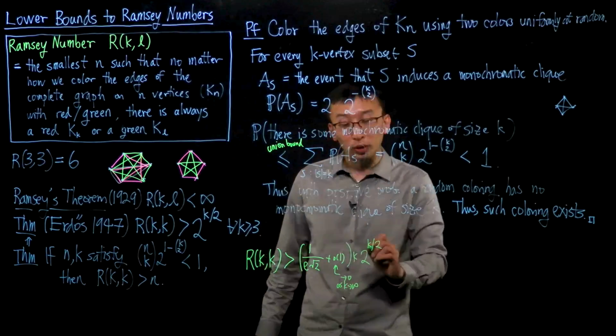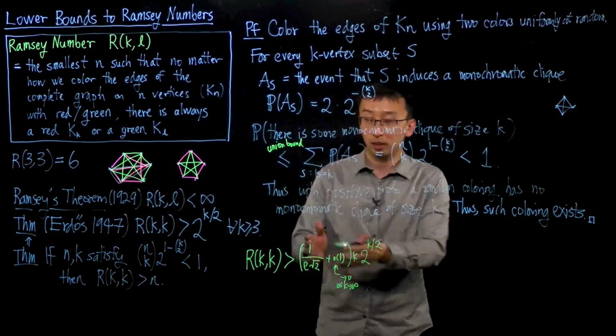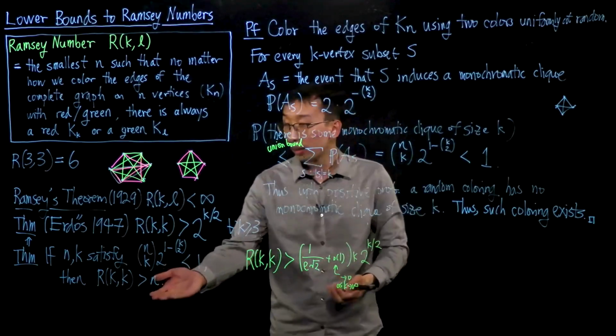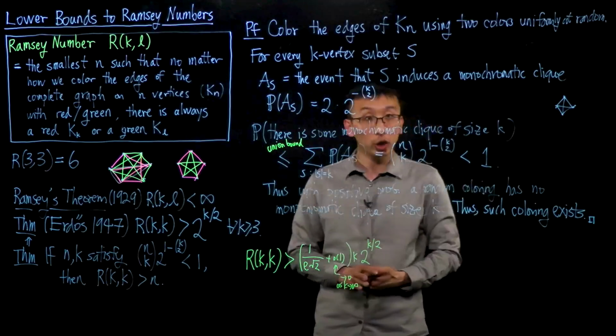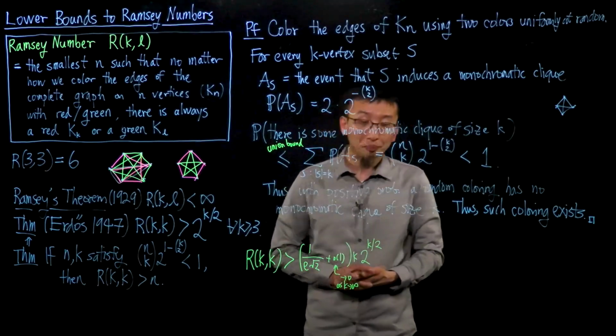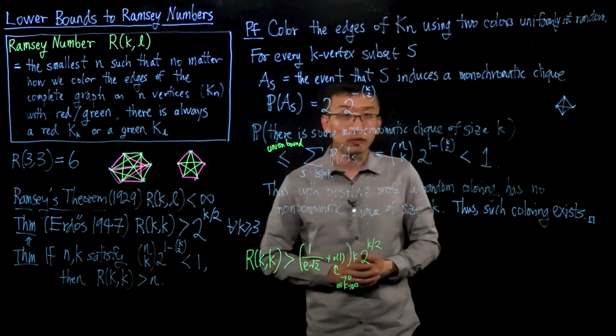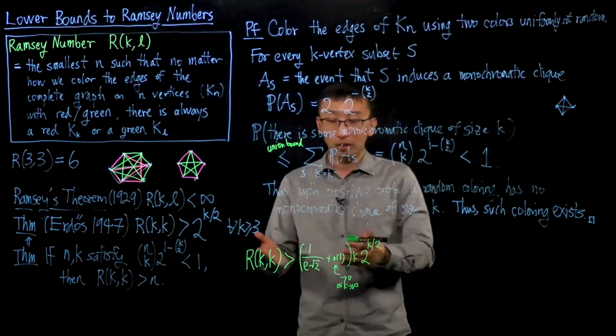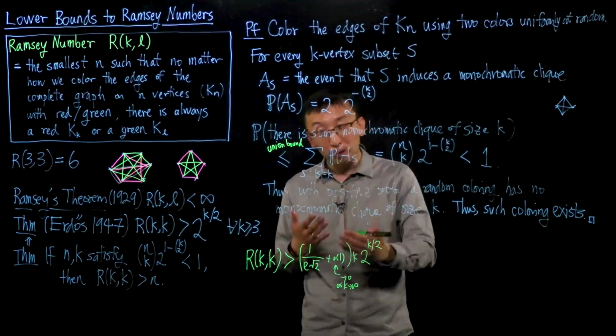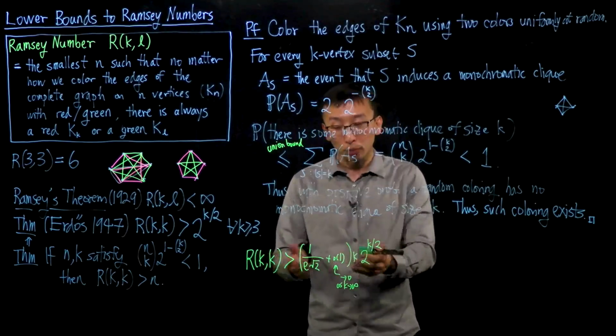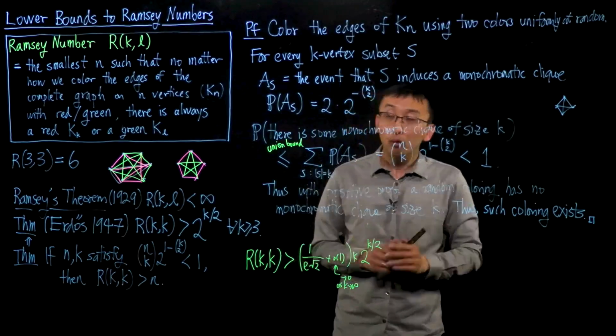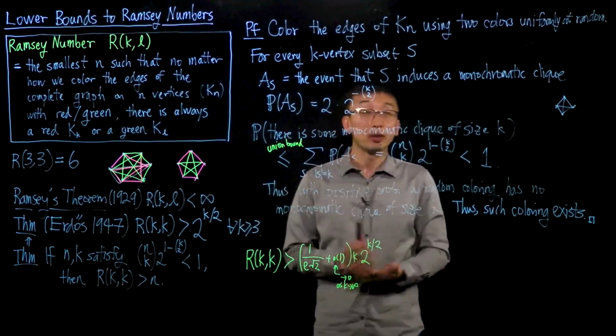So this is a much more precise bound that one can get out of analyzing the consequence of this theorem that we just proved. In the next part of this video, we will come up with additional techniques that allow us to improve this lower bound. But for now, let me make a comment about this technique.